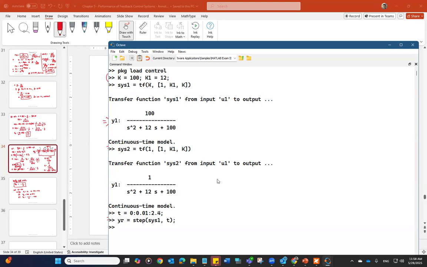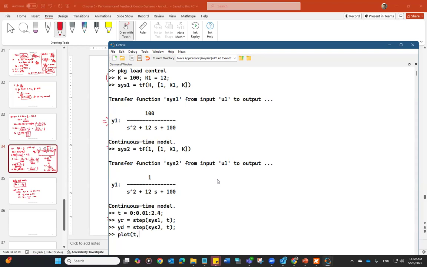And then Y due to the disturbance signal, let's call it YD. That's going to be a step of system 2 against the same time. If you put the time parameter, it's going to evaluate that system for those time values. If you don't, then it's going to evaluate for the default time. And now I'm going to plot both of them in the same plot.